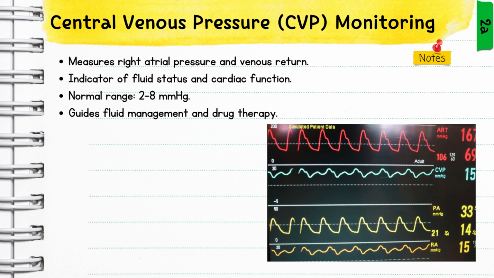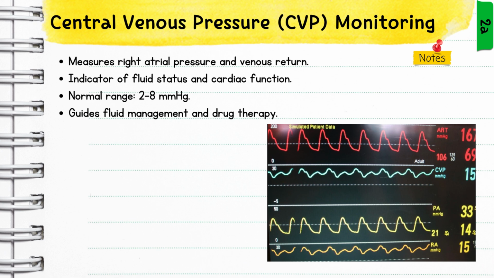So think about how the blood flows through the heart, and if there's not a lot of blood in the tubes, or if there's a lot of fluid in the tubes, how that indicates what's going on, or what may be the cause of vital sign changes, right? So CVP readings help us make decisions about fluid management and drug therapy, ensuring that our interventions are tailored to the patient's specific needs.